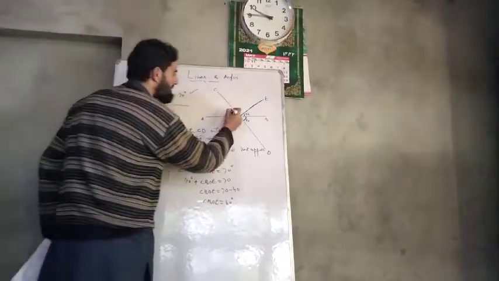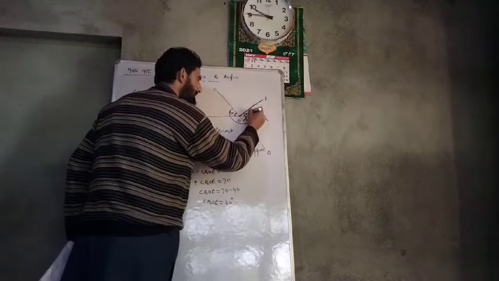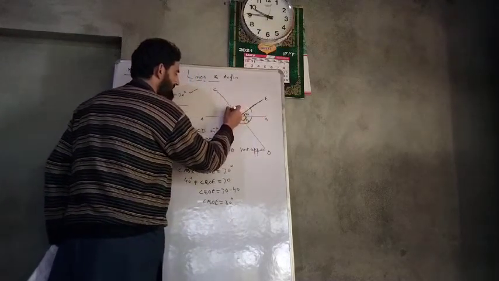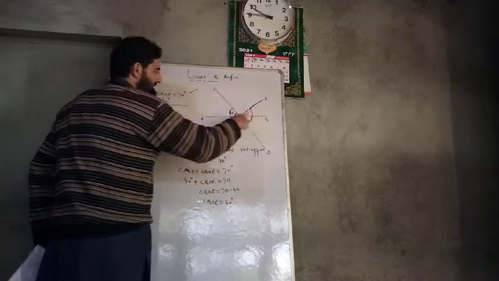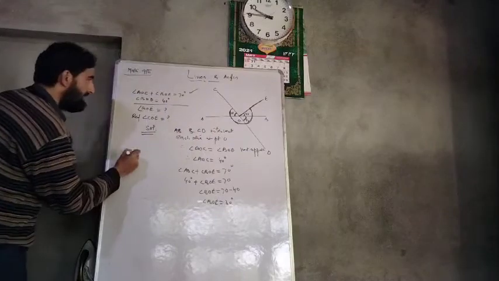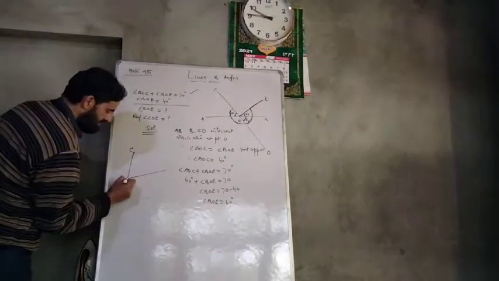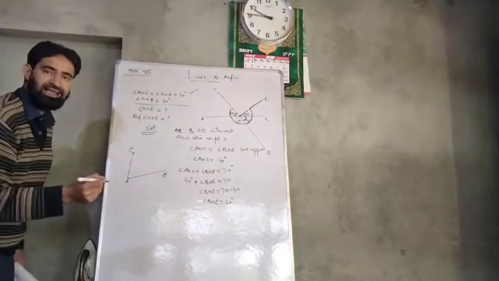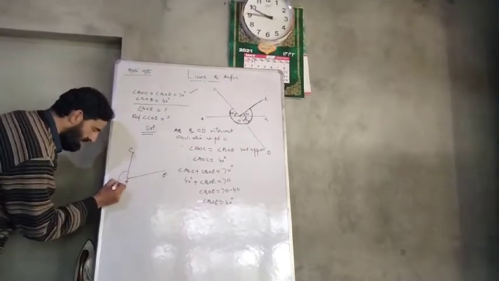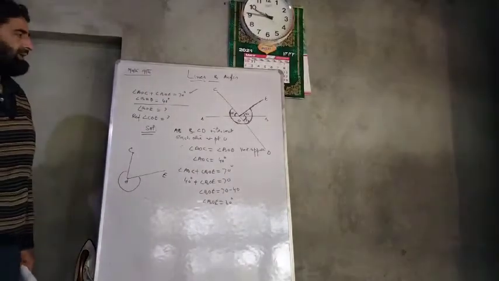This is the reflex angle, from here to this point. This is C, this is O, this is E, and we have to find the reflex angle. From outside, this is the measure of the reflex angle.